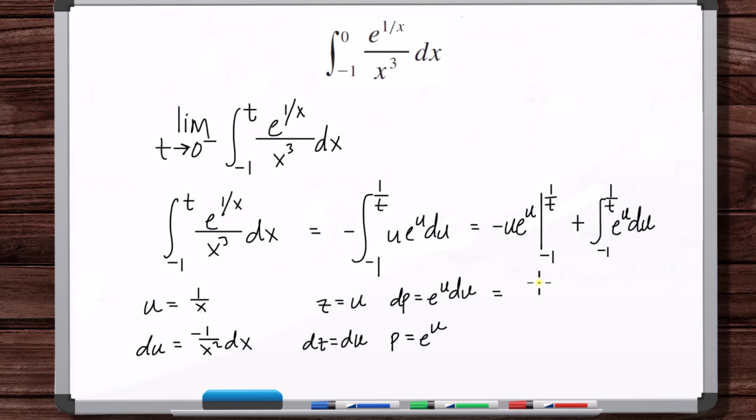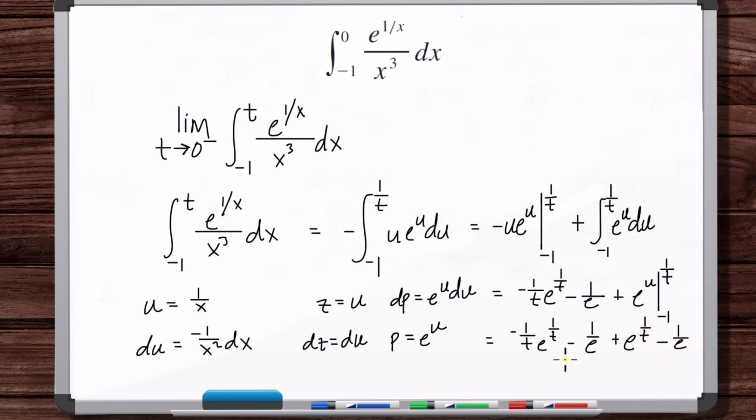So we've got minus 1 over t e to the 1 over t minus, then minus 1 is just 1, e to the minus 1, so 1 over e, so this is just going to be minus 1 over e, okay, plus, so we've got e to the 1 over t minus 1 over e.